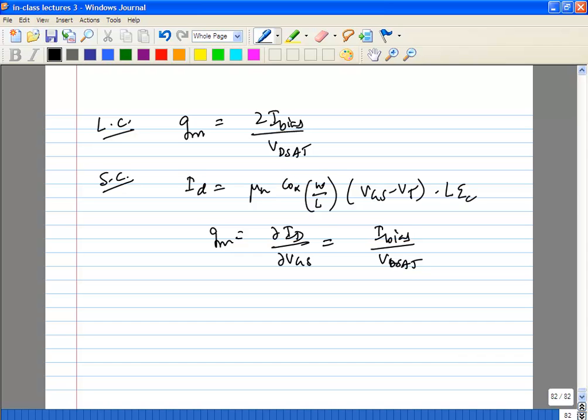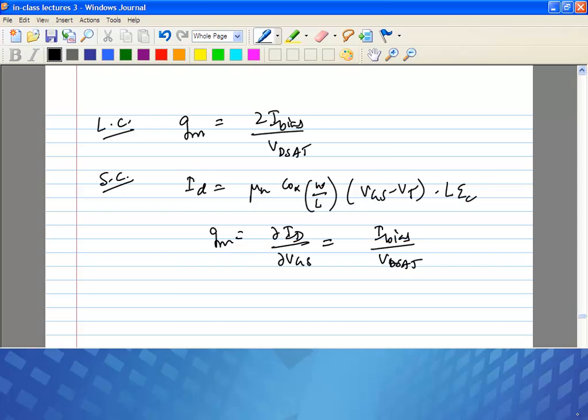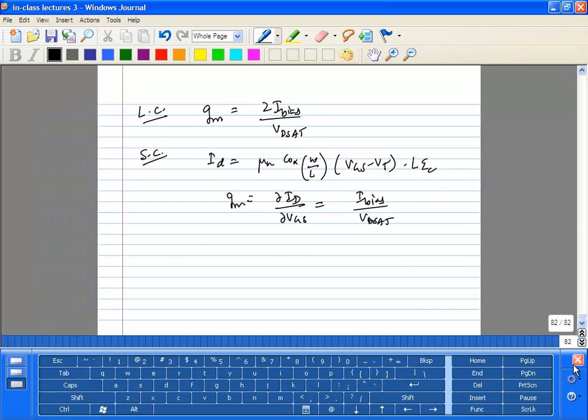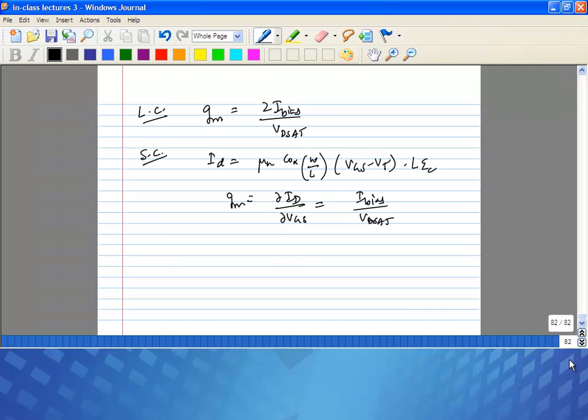But remember, the actual expression for the current had L times E C in parallel with V GS minus V T. Even though we know the transistor is going to be somewhat in short channel, it's not going to show deep short channel behavior. So it's going to be somewhere in between. So we know that the GM is going to lie somewhere in between these two extremes.